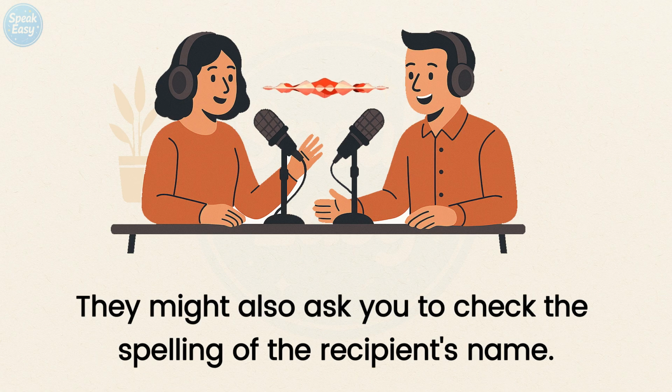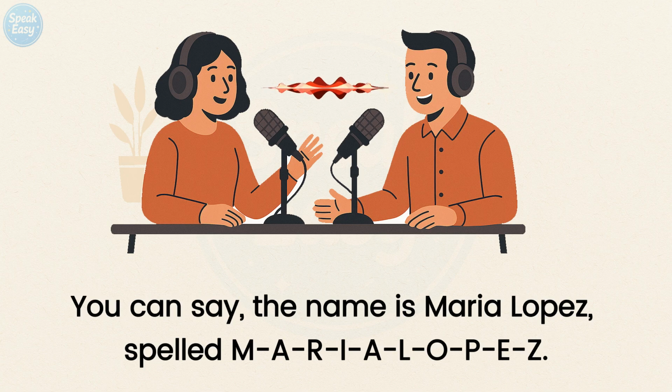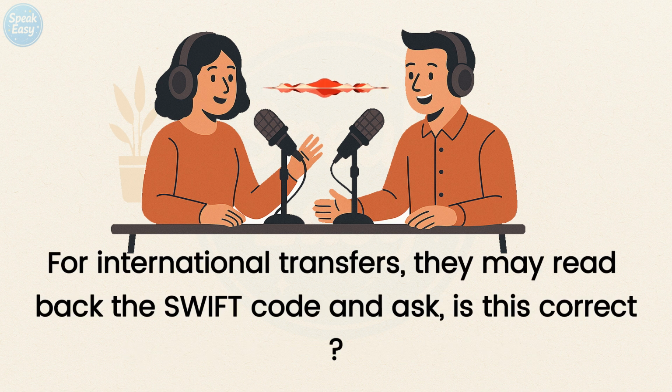They might also ask you to check the spelling of the recipient's name. You can say, the name is Maria Lopez, spelled M-A-R-I-A L-O-P-E-Z. For international transfers, they may read back the SWIFT code and ask, "Is this correct?"